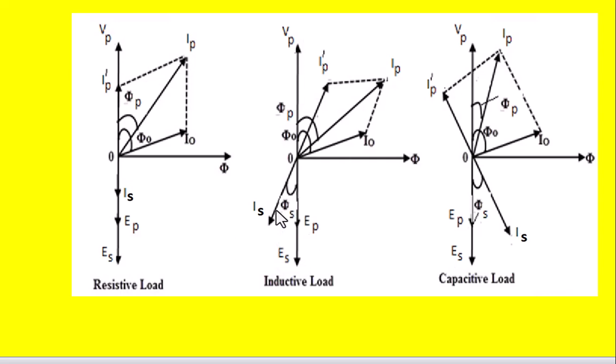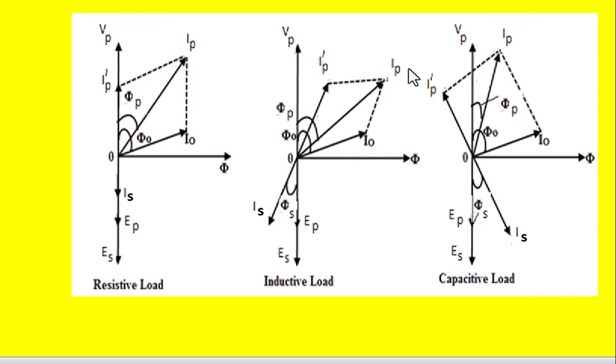And once Is is known, there will definitely be an opposing current in the primary winding, that is called the I1 dash or IP dash like this, and the calculation of IP dash is already covered. Having known this IP dash or I1 dash and I0, we can calculate the resultant of IP dash and I0 to get I1 or IP, that is like this.